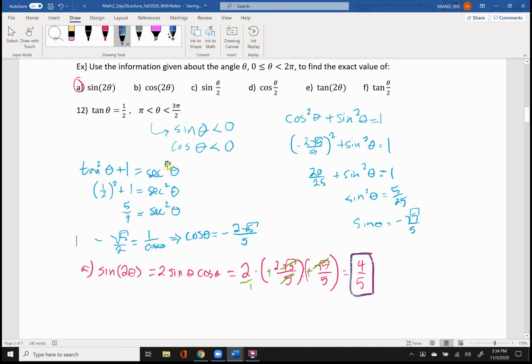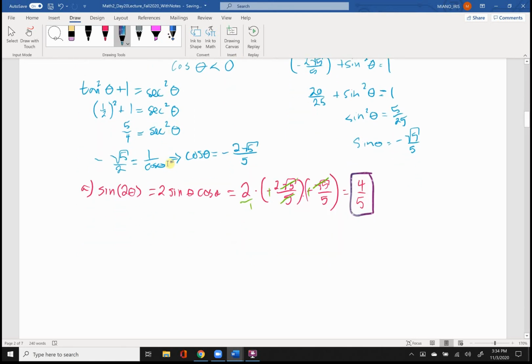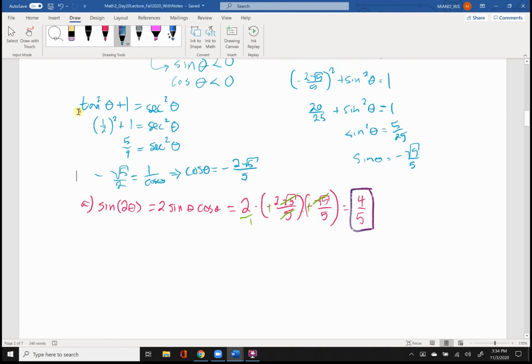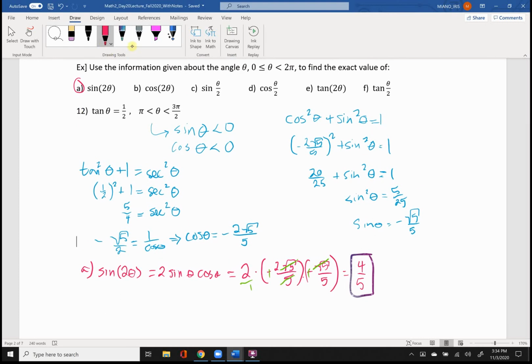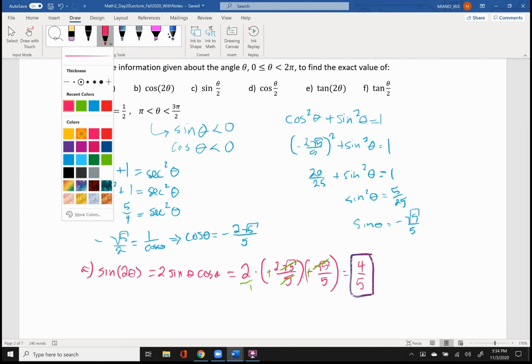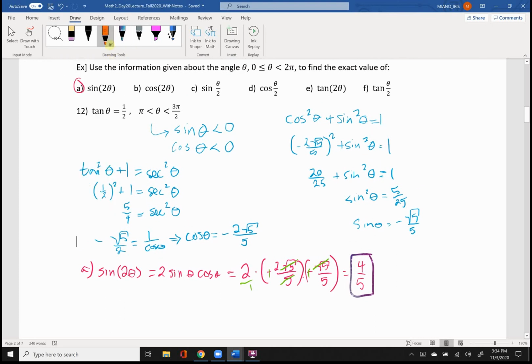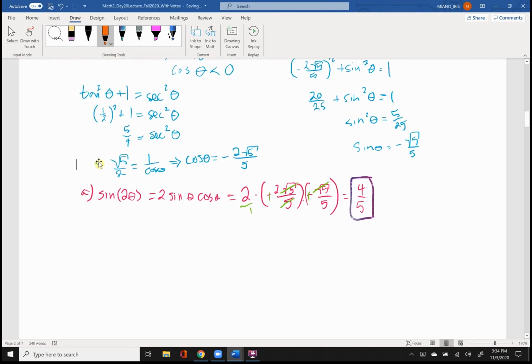Okay, now let's do the cosine of 2 theta. And we have a few options for that one, of course. Let's pick a color. What color do I want to do my work in for cosine of 2 theta? Let's do this orange color, sure. So we can have this be nice and colorful.